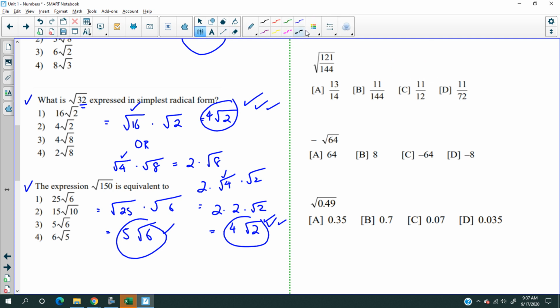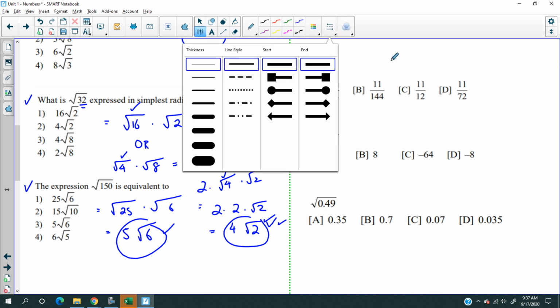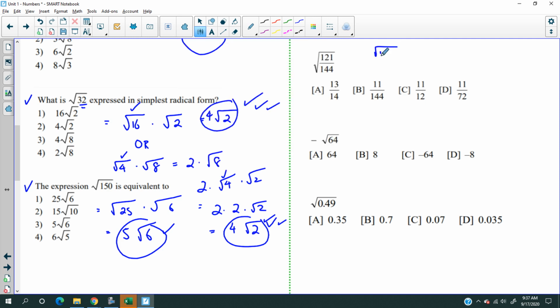Okay, I know. Do this. So the question really is, what times what gives you 121? All right, I talked about this yesterday. Yeah, 11. What times what gives you 144? Yeah, there you go, that's it.